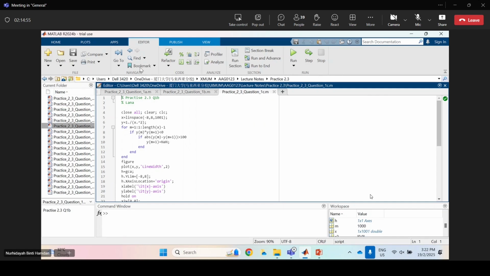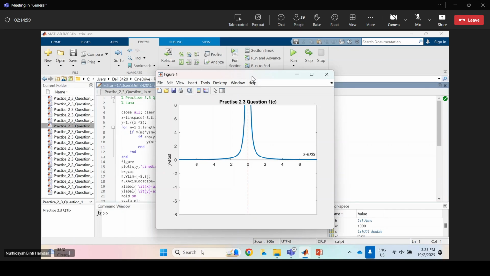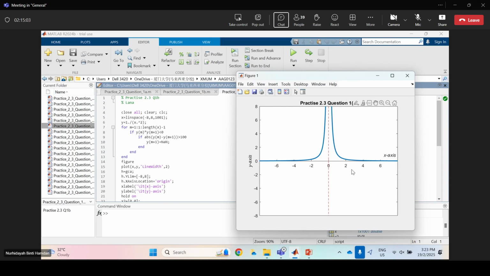So I share with you the code. This is question 1C. This one is without the arrow, you can add it by yourself. Do you get my code? Yeah, right? Okay.